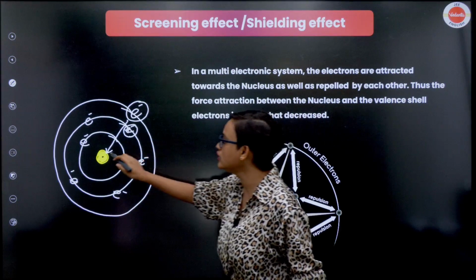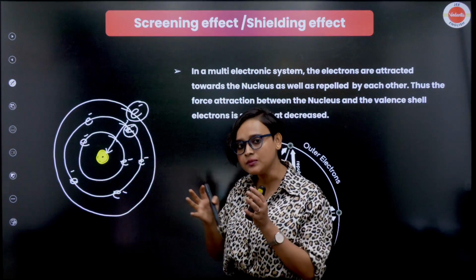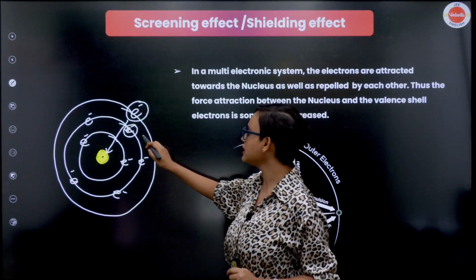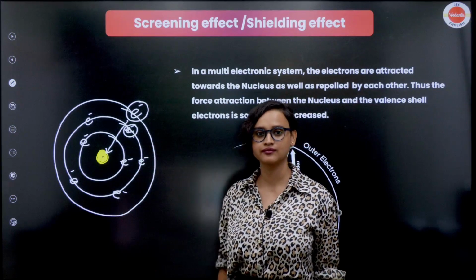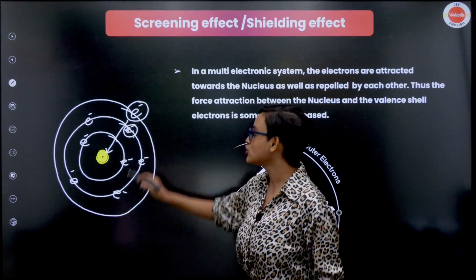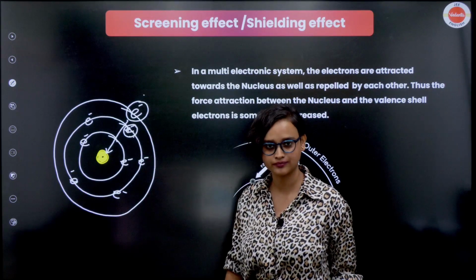So although the nucleus is trying to pull this electron towards it and keep the atom stable, what is happening is this electron is saying, "I won't let you come here." So this electron is repelling this electron.